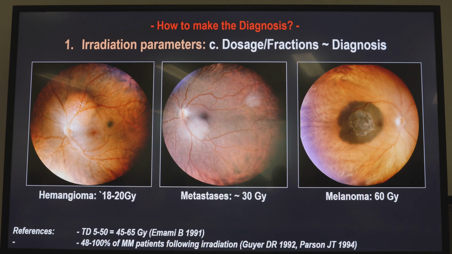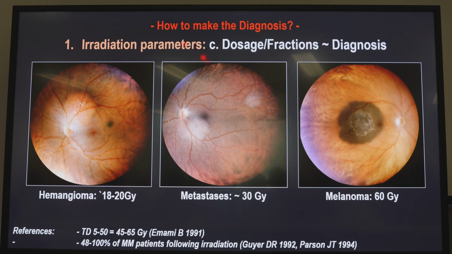And so, for your information, when we irradiate circumscribed choroidal hemangioma with protons, we went for 20 and now we go for even 18 grays because we have seen radiation retinopathy with 20 grays. Okay, it's hyperfractionated, but still 20 grays is really... Under 20 grays, I've never seen radiation retinopathy. Above 20 grays, I have seen it sometimes, even in these young patients at 10, 15 years.